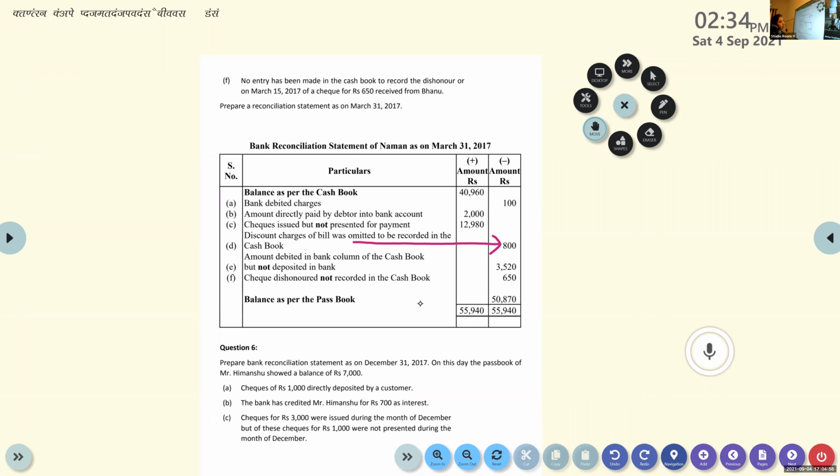The business expected that this amount will be received, but it got dishonored. And in that case, the business is unaware about it. So the business hasn't recorded it in the cash book. See, 650 rupees.